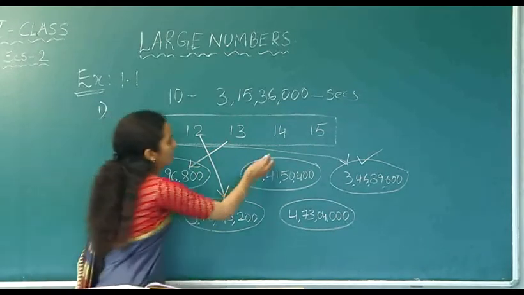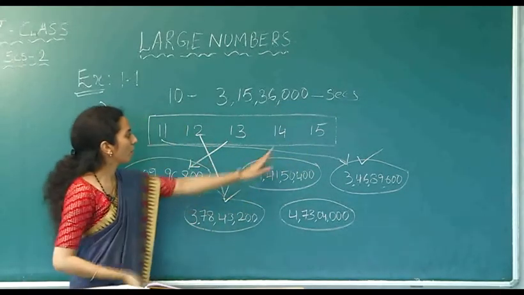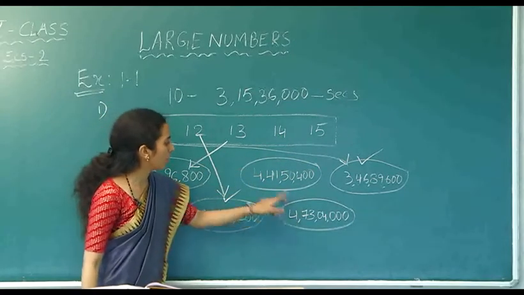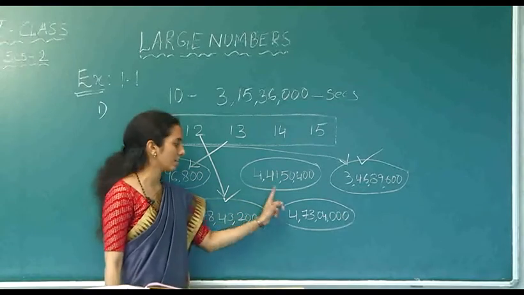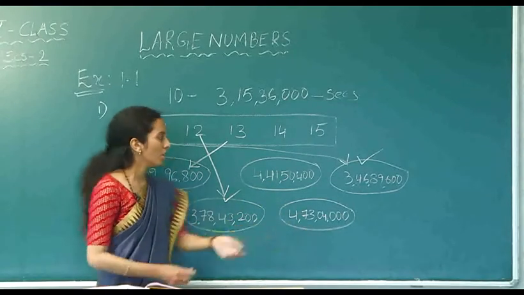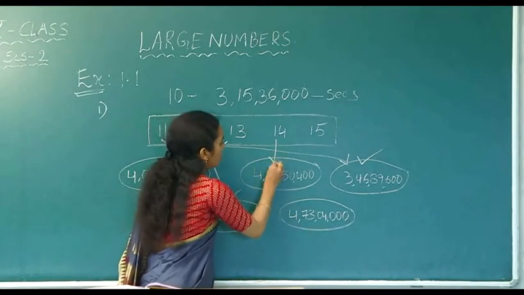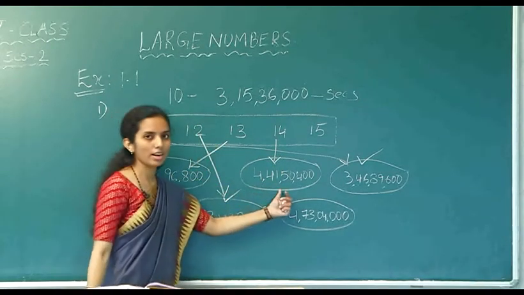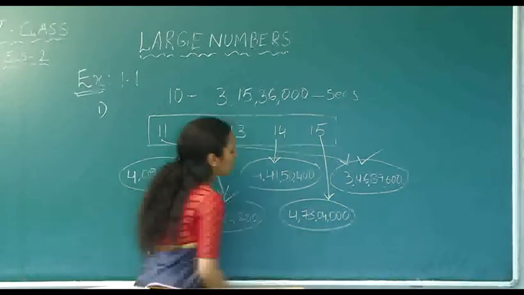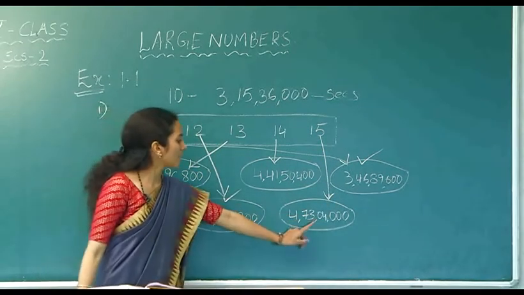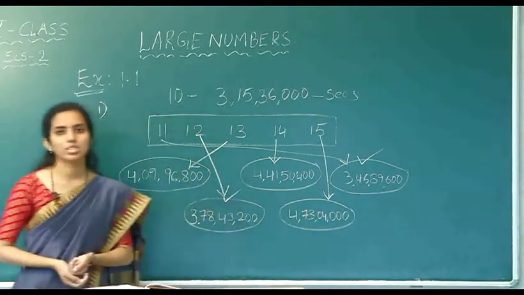And 14 years and 15 years. 14 years, here there are 2 numbers in 4 crores, but the lakhs is, here there are 41 lakhs, here it is 73 lakhs. So the 14-year-old boy lives 4 crores 41 lakhs minutes, and the 15-year-old boy lives obviously 4 crores 73 lakhs and 4,000 minutes.